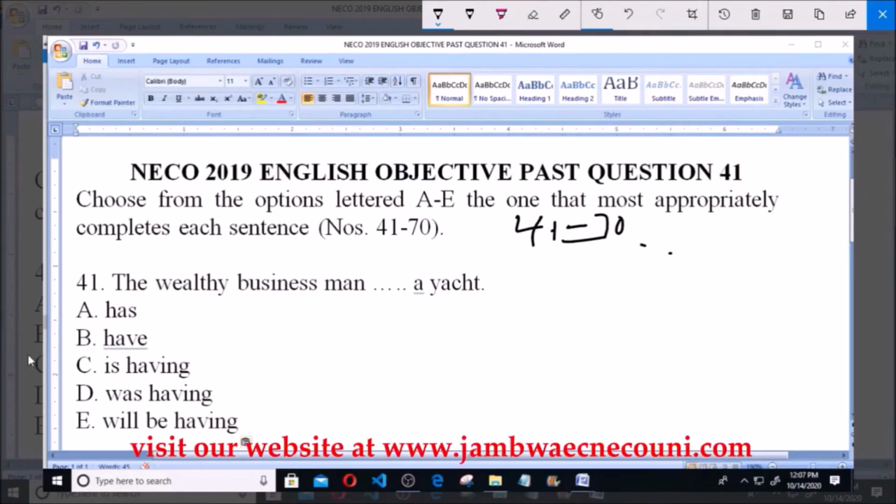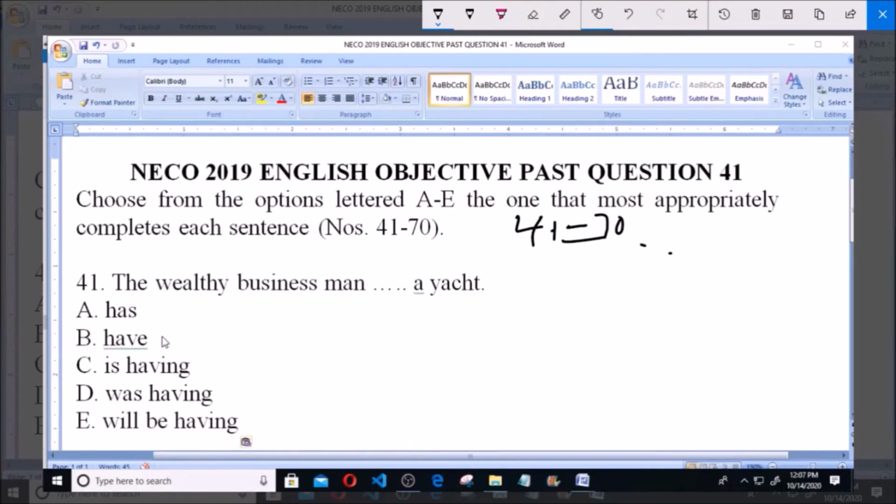The sentence in number 41 says, the wealthy businessman dash a yacht. A, has. B, have. C, is having. D, was having.